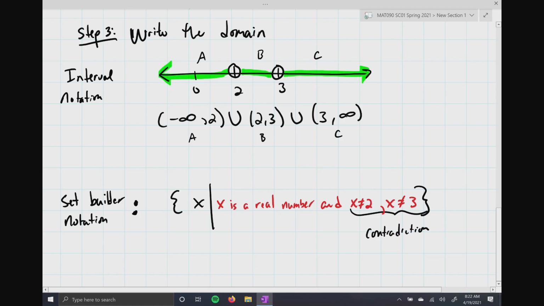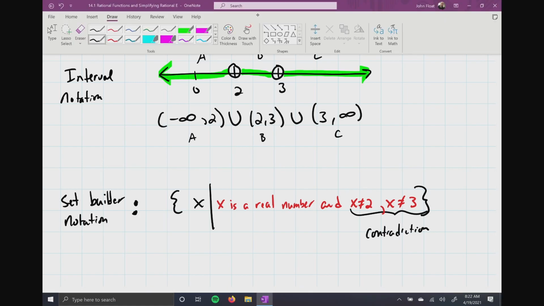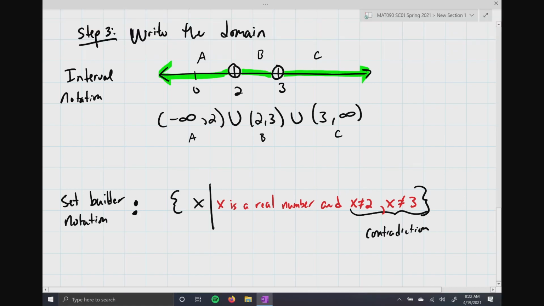I will highlight all of the stuff that every single one of these will have. You should always have this. The only thing that's going to change from problem to problem is the contradictions that you find.